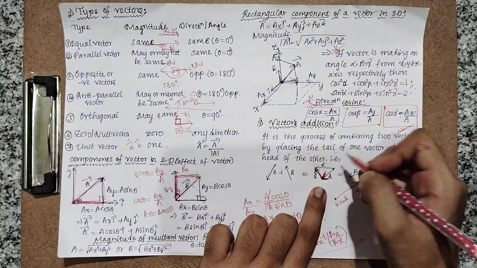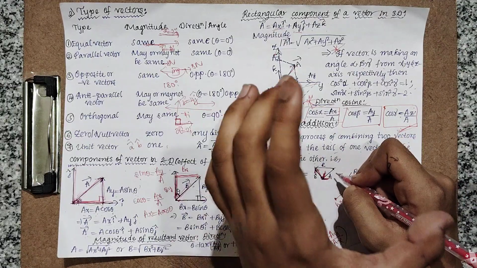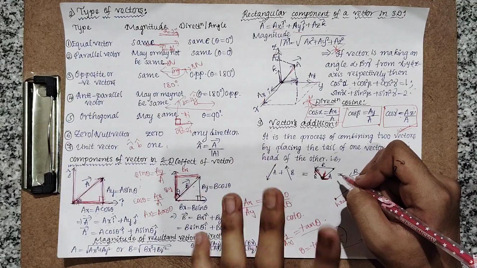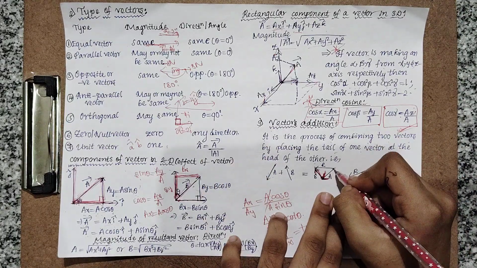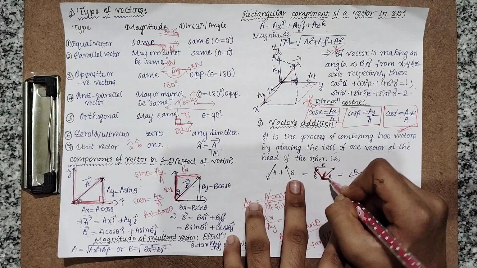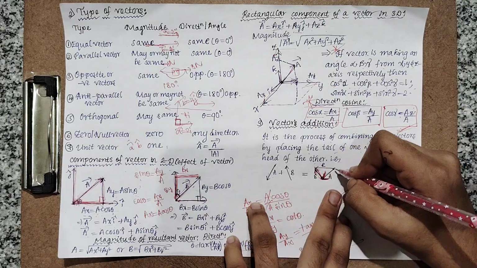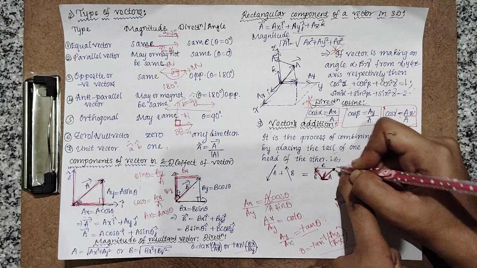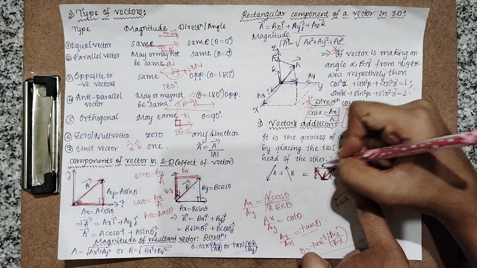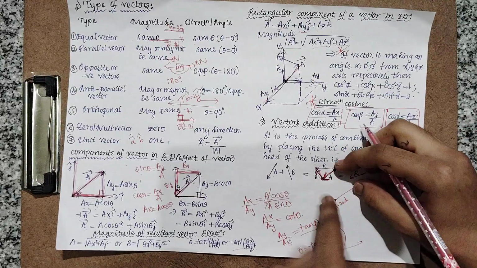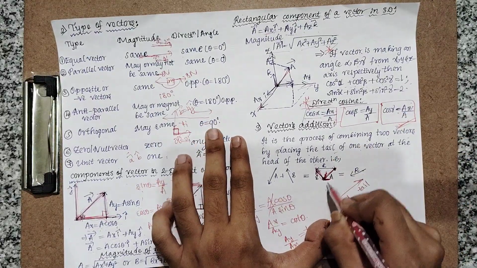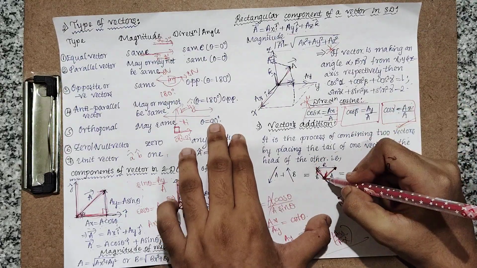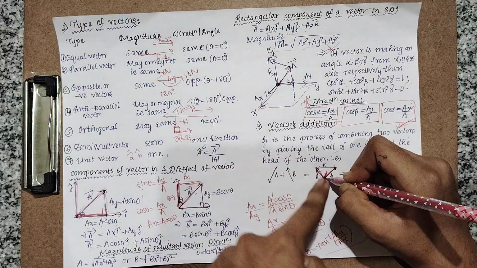Then your resultant will be as follows. Let us consider a bar as your first vector and b bar as your next vector. Here simply, if you connect head with tail, then the head of the first vector to the tail of the next vector will be your resultant.